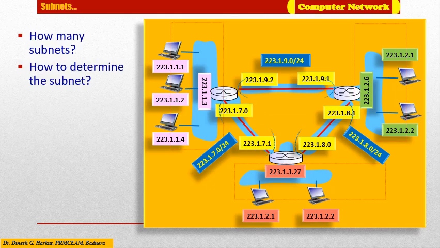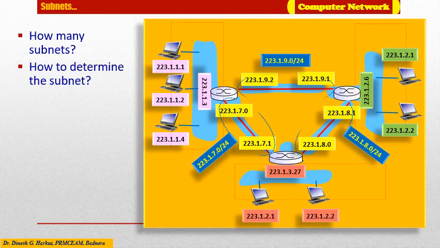For a general interconnected system of routers and hosts, we can use the following procedure to define the subnets in the system. Detach each interface from its host or router.